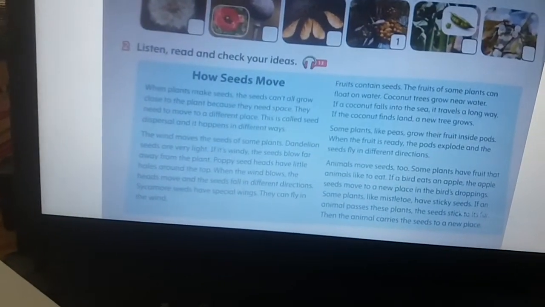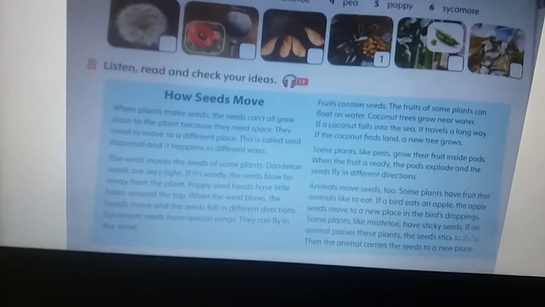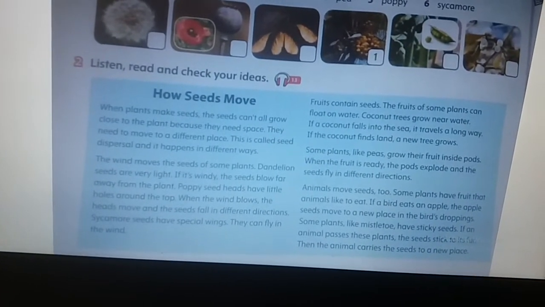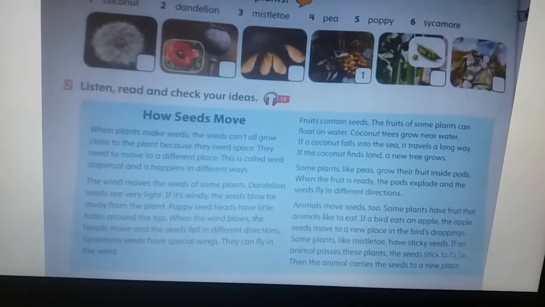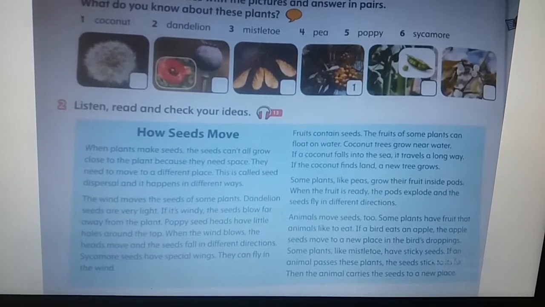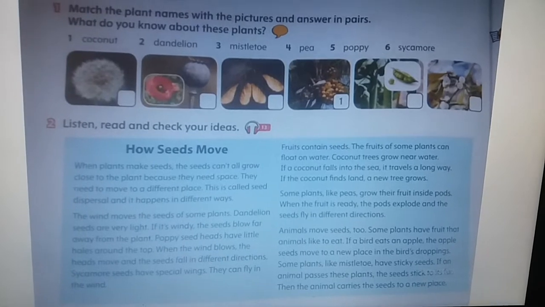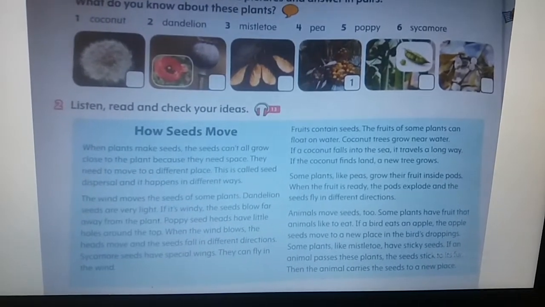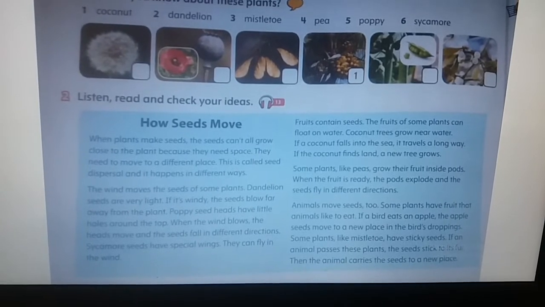How seeds move. When plants make seeds, the seeds cannot all grow close to the plant because they need space. They need to move to a different place. This is called seed dispersal, and it happens in different ways. The wind moves the seeds of some plants.